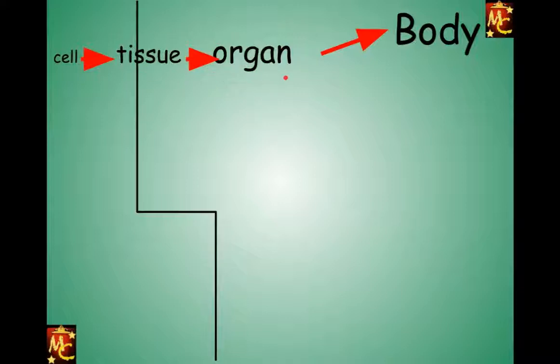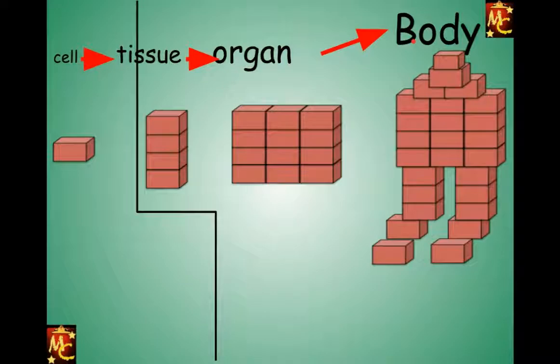For example, they can make the retina in the eye, liver cells in the liver, and brain cells inside the brain, and the combination of all these organs will make the body. For example, the human body: this is one cell, a bunch of cells make the tissue, the combination of many tissues makes the organs, and then finally they make the body.